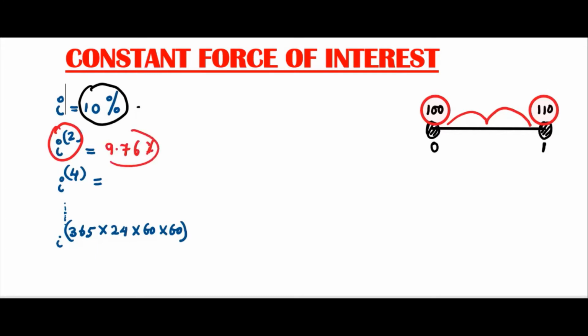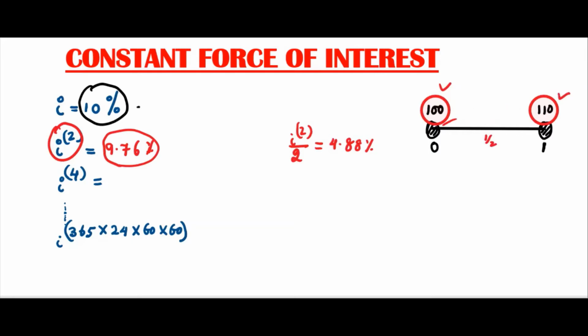If you divide it by 2, you will get 4.88. With 4.88% effective per half year, if your money sits in the bank for two periods, one period being half a year, then also you get 110.